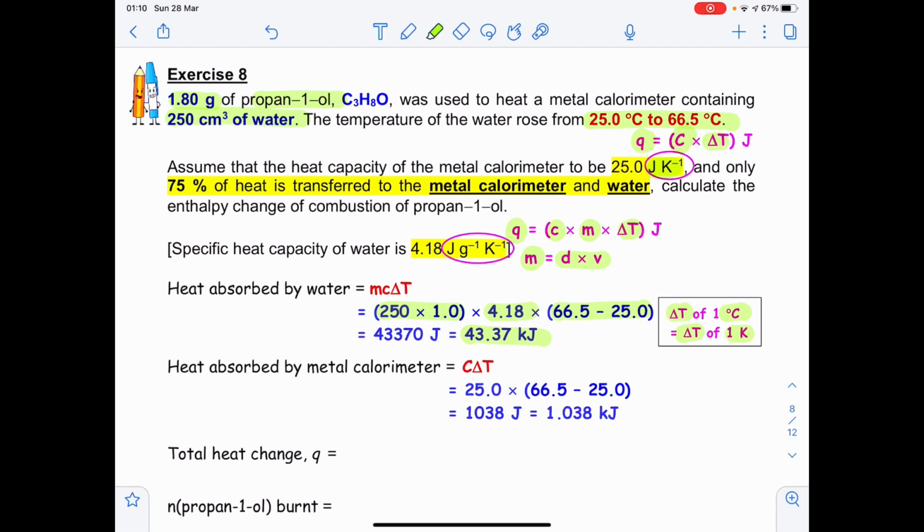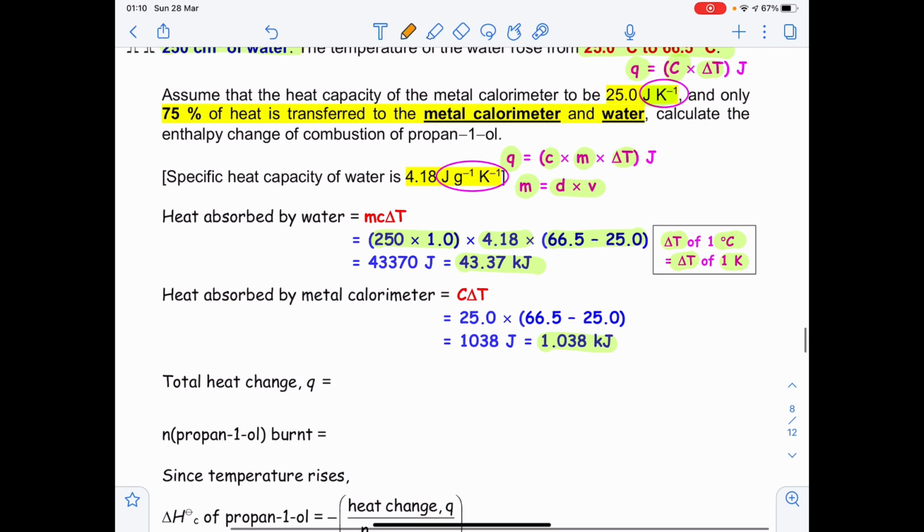You are told that only 75% of heat is transferred to the metal calorimeter and water. So the total heat gained by the metal calorimeter and water is equal to 43.37 plus 1.038.